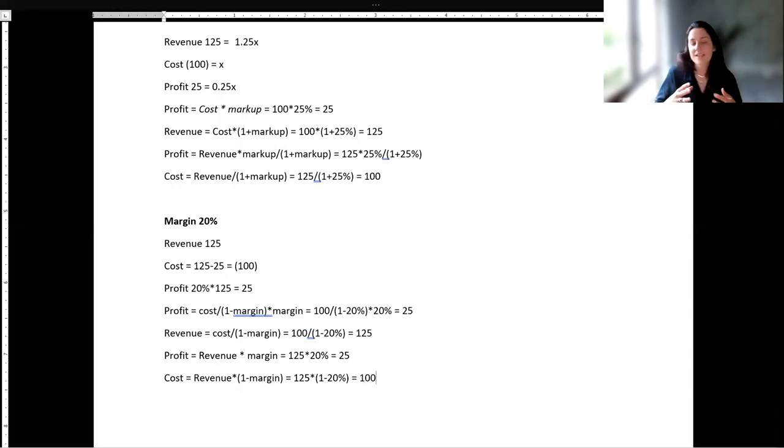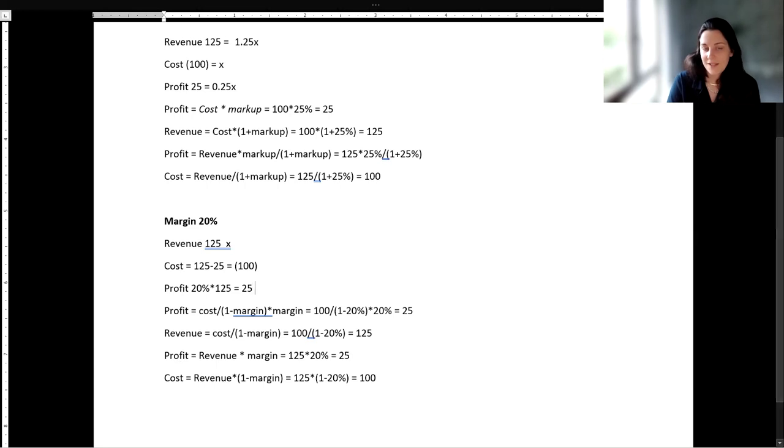So everything is kind of the opposite. And again, try to put x's. So if I put x to revenue in here, I will say that my profit is, let's say, how much is that? 0.2x, right? Because my margin was 20%. And this means that my cost is going to be 0.8x.